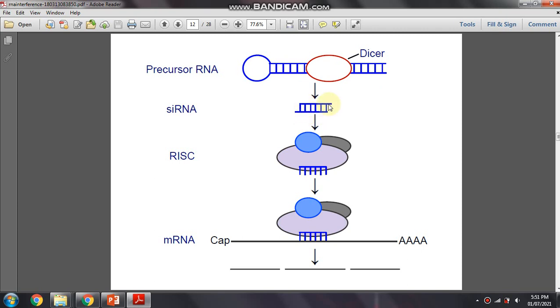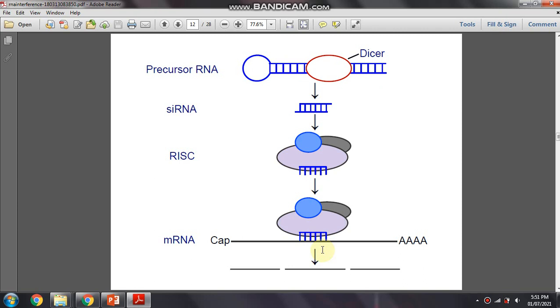This forms siRNA, small interfering RNA. Now the RISC complex binds to this siRNA; it consists of various proteins, and one important protein is argonaute. This argonaute digests the other strand of the siRNA. Now only one strand remains.